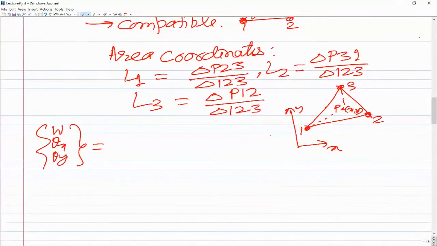At node 2, P coincides with node 2, so the area P23 is a straight line and the area is 0. So L1 at node 2 is 0, and similarly L1 at node 3 is also 0. Similarly L2 is unity at node 2 and 0 at nodes 1 and 3, and L3 is unity at node 3 and 0 at nodes 1 and 2. That is the property of these area coordinates.